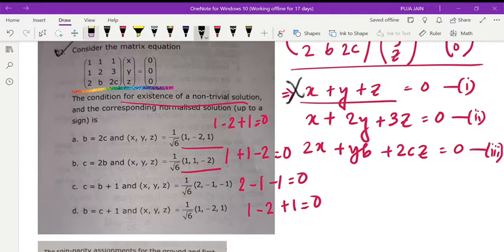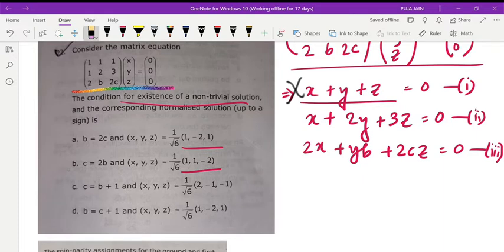So now we will proceed with our second equation. See the second equation, x, 1 minus 4 plus 3. So 1 plus 3 is 4, minus 4, this is 0. 1 plus 2 minus 6 is not equal to 0, so eliminate this option.